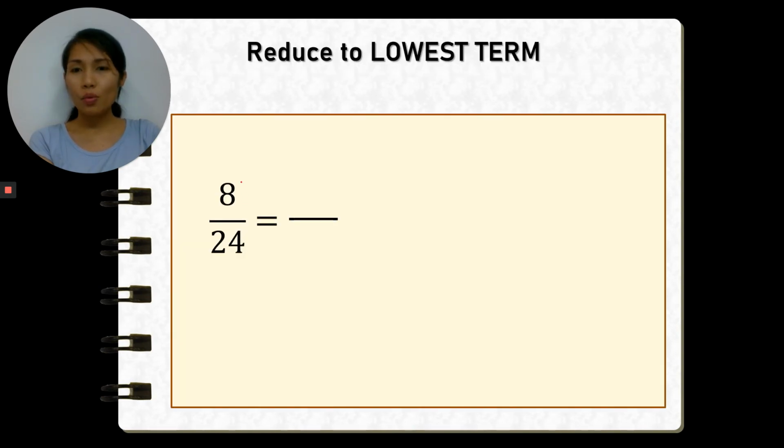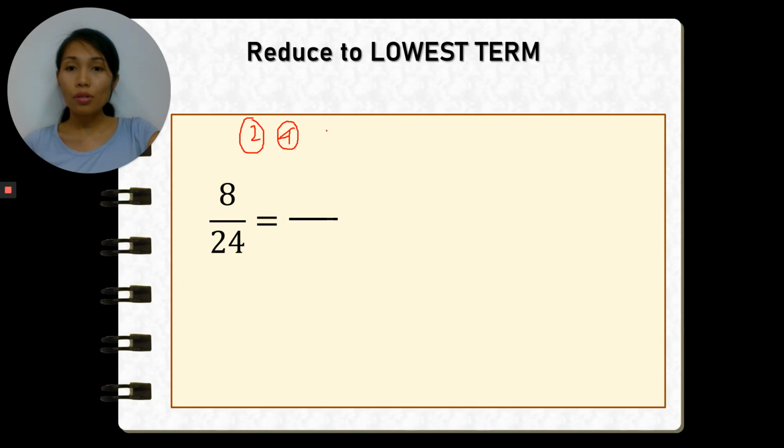Not yet, because we can actually divide 8 and 24 since they are both even numbers. We can divide them by 2, right? So factors could be 2. We can also divide 8 by 4. How about 24? Yes, we can use factor 4 also. How about 8?